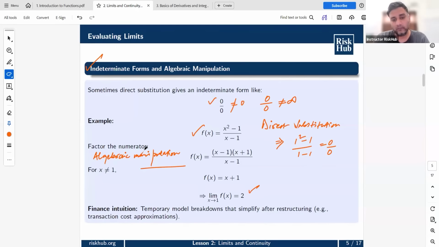What we are trying to understand is that we have taken x not equal to 1.